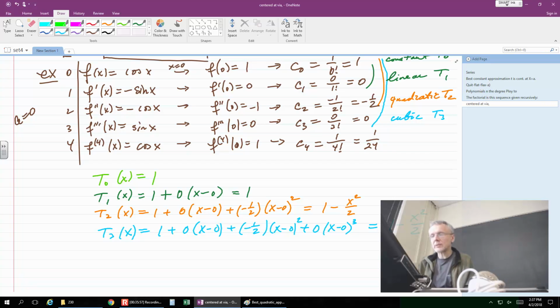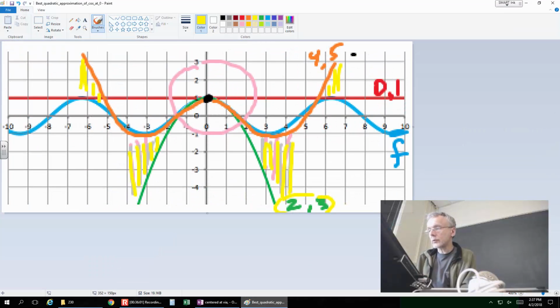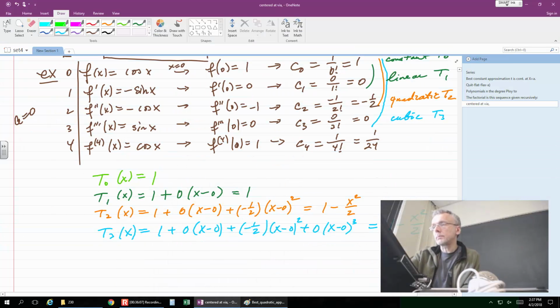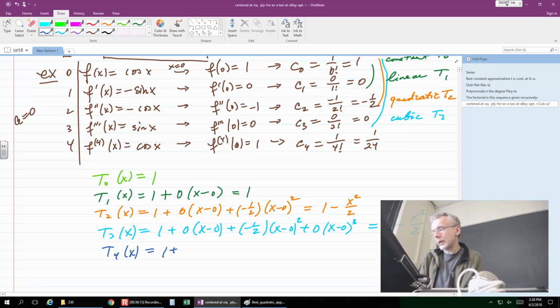So cubic is the same as quadratic. Let's do one more, to justify that picture. The brown curve. Alright, so I'll do one more term. T4 of x is, once again, I will repeat this. That is easy to write, so writing is easy.